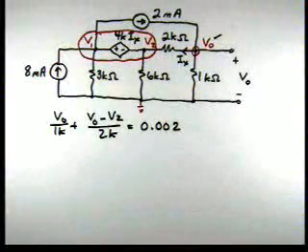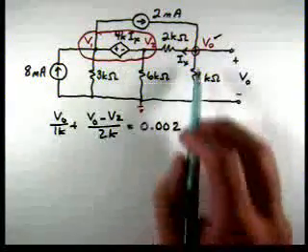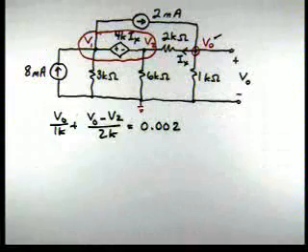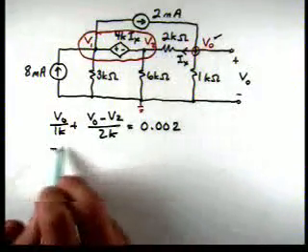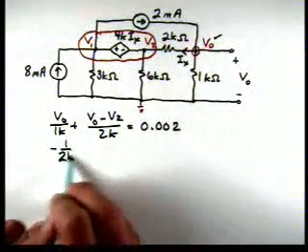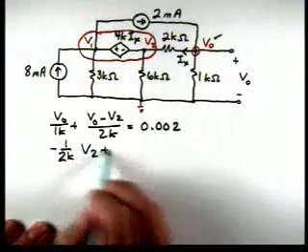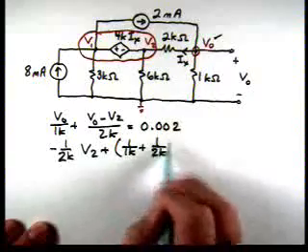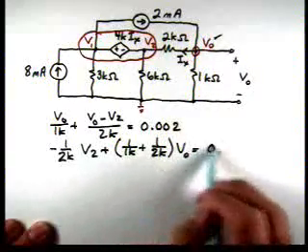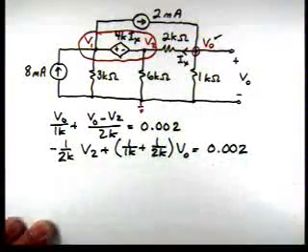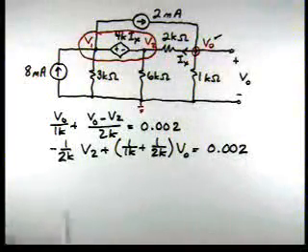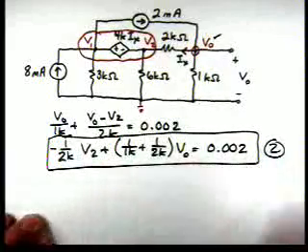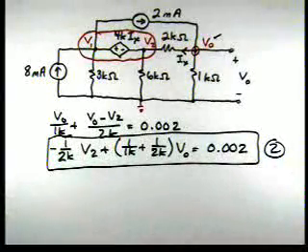And again, we sum currents leaving through resistances and set that equal to the sum of currents entering from sources. And if we simplify this a little bit, we'll have minus 1 over 2K times V2 plus 1 over 1K plus 1 over 2K times V0 is equal to 0.002. So there is our second equation. And remember, we need 3.